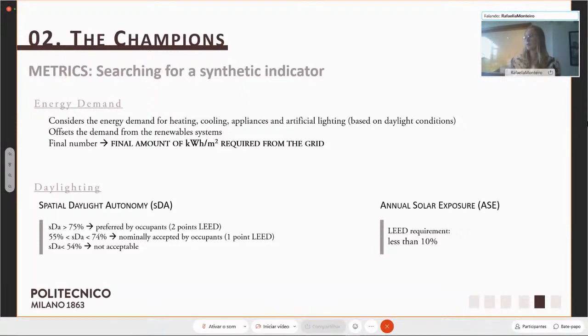We took the LEED criteria as guidelines, so we are using spatial daylight autonomy, for which the best range is above 75%, and annual sunlight exposure, for which LEED requires less than 10% glare risk. Because of these more refined metrics, we're able to account for daylighting and the consequence of electricity for artificial lighting in the energy demand as well.